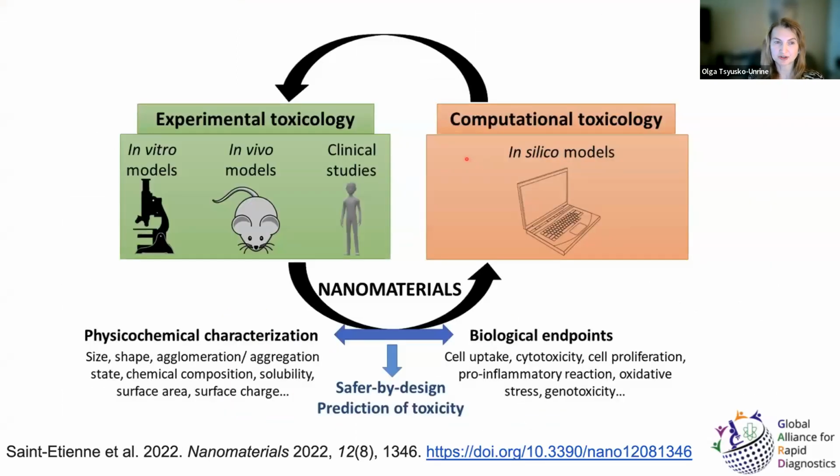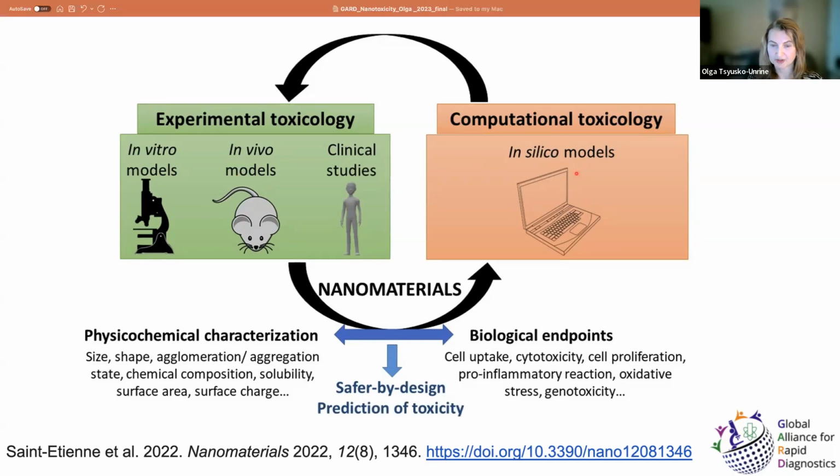As I mentioned, we start with in vitro models and in vivo models, and eventually we get to in vivo mammalian models. If it's obviously a drug for delivery, it will go through clinical studies, but that's not sufficient because all those data need to go into and be part of in silico models.